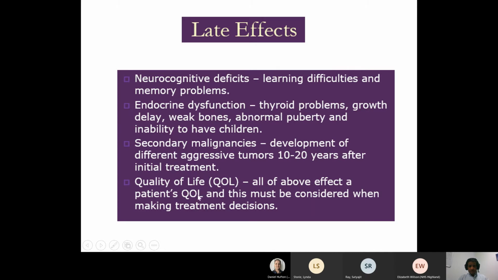And then of course all these things will affect the quality of life. So that must be taken into decision in terms of deciding what treatment to offer based on the expected survival and how much toxicity you need to give them.